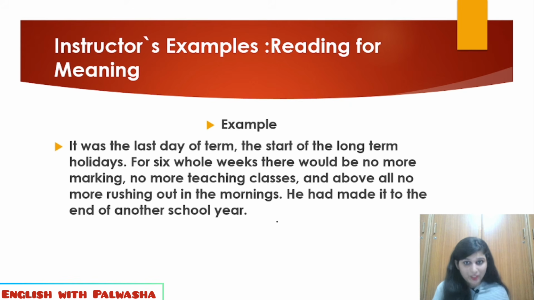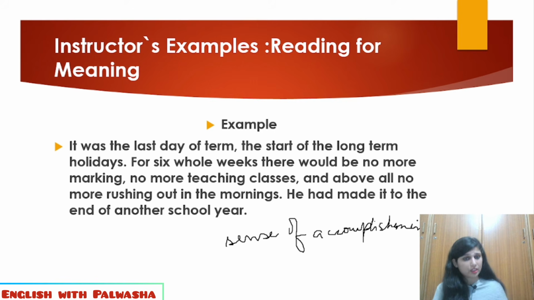So here in this whole example, they are showing us the sense of accomplishment. Something has been accomplished, something has quickly finished up. So it's all about, for the 6 whole weeks there would be no more marking and teaching classes, and he made it to the end of another school year.